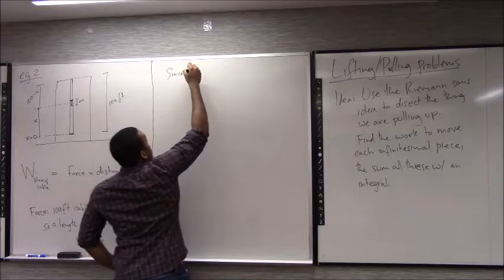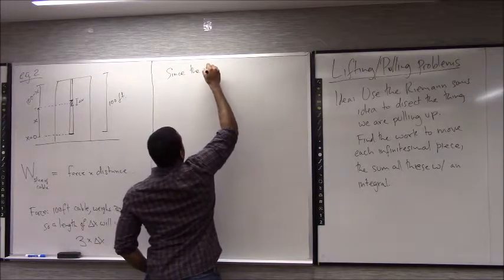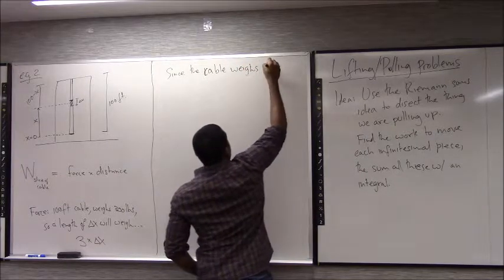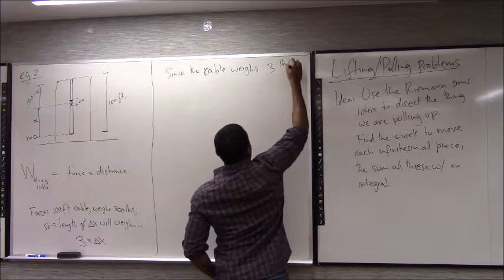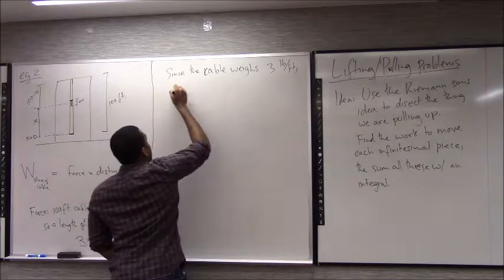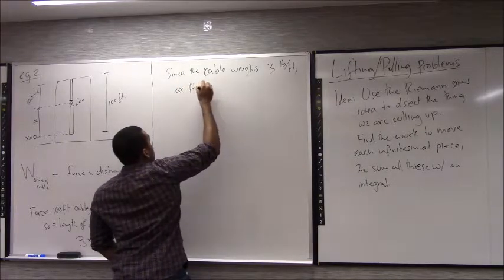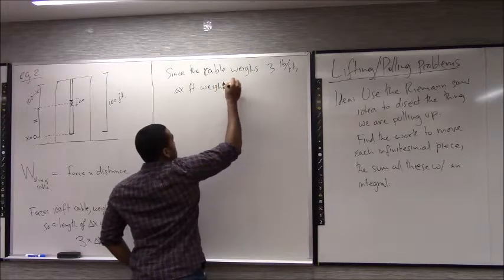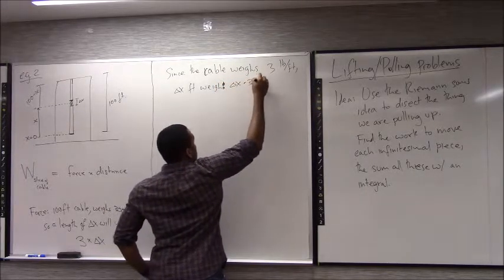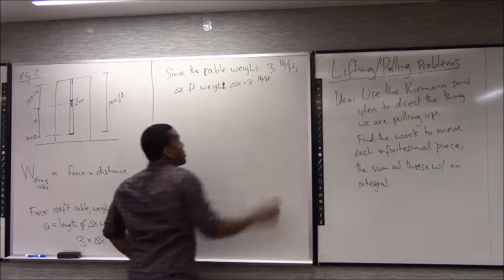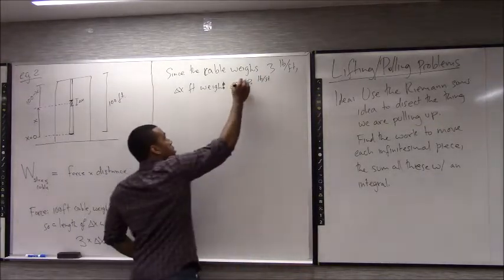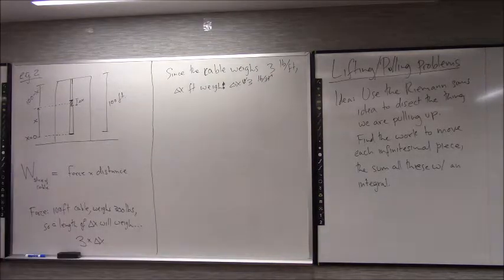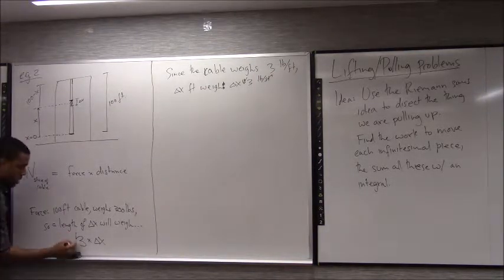Since the rope or cable weighs 3 pounds per foot, delta x feet weigh delta x times 3 pounds per foot, right? Because we have delta x feet. So the feet cancel, and so we get 3 delta x. So this is our force, 3 delta x.